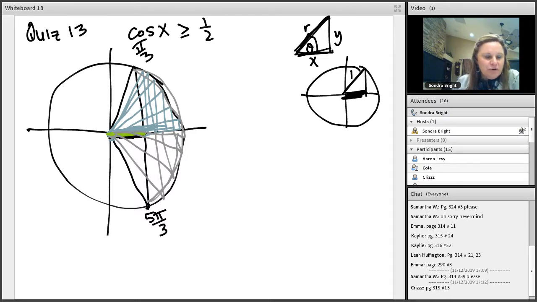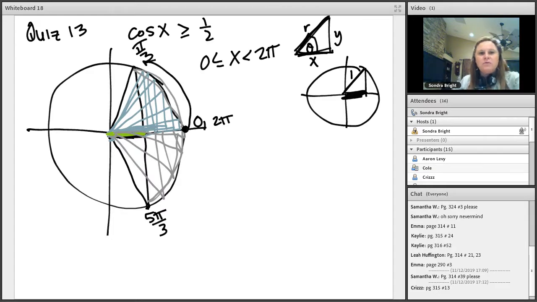Now, you've got to give your answer, though. Where did it say it? It said that x was greater than or equal to 0 and less than 2 pi. So that means you got to go around. Here's 0 and also 2 pi, right? So you got to go around this way.